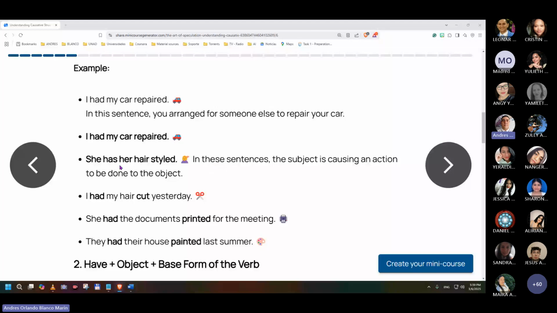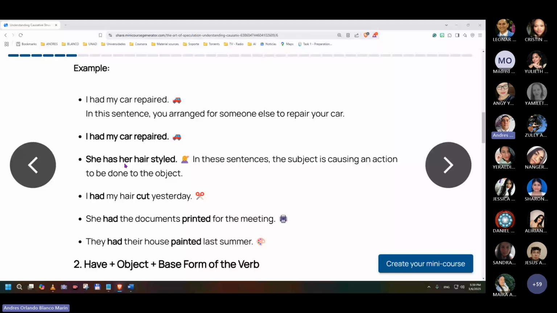If I want to say that it was only on one occasion, that it happened once, I would use had. She had her hair styled. In this sentence, the subject is causing an action to be done to the object.